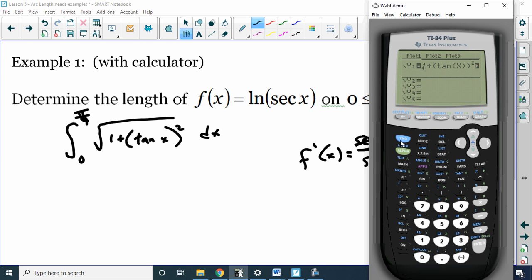And we need to integrate that thing from 0 to pi over 4. Double check, make sure you're in radians mode. And integrate from 0 to pi over 4. And we get 0.881.